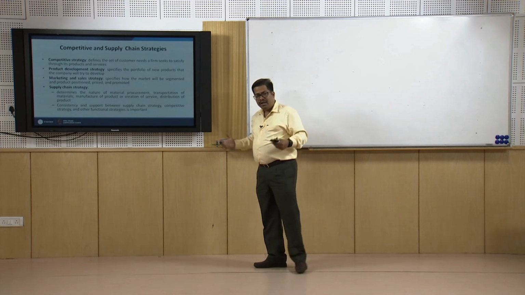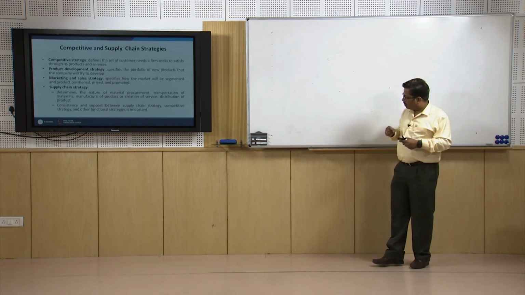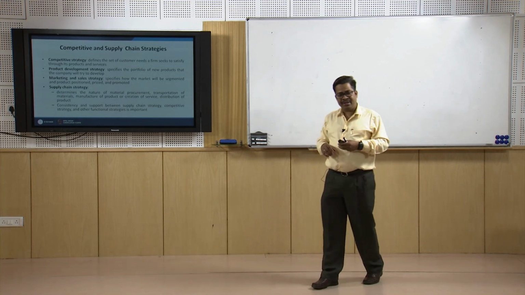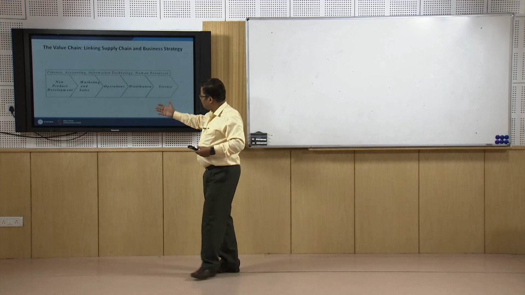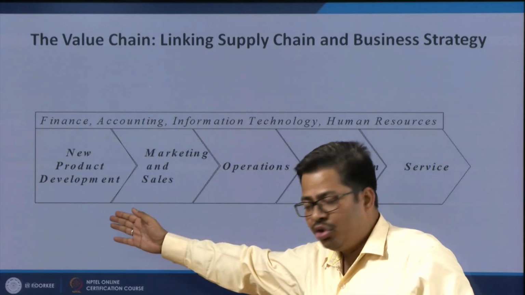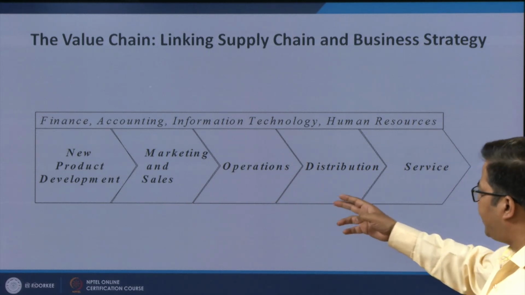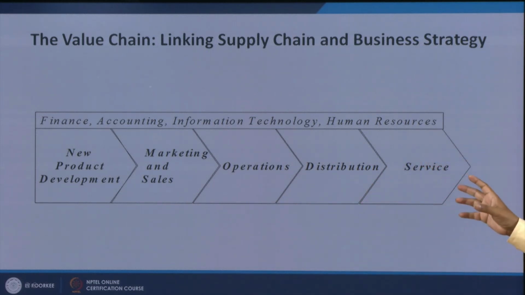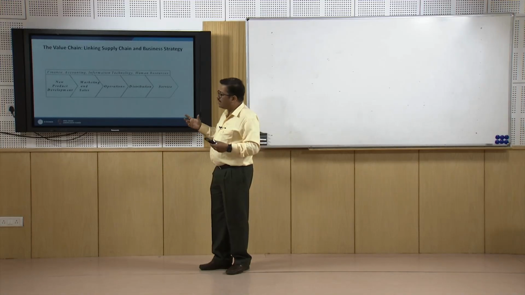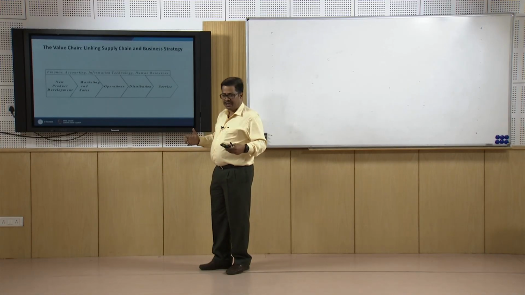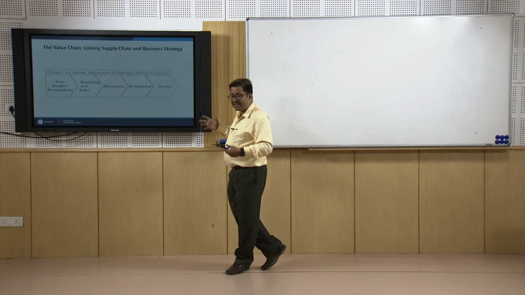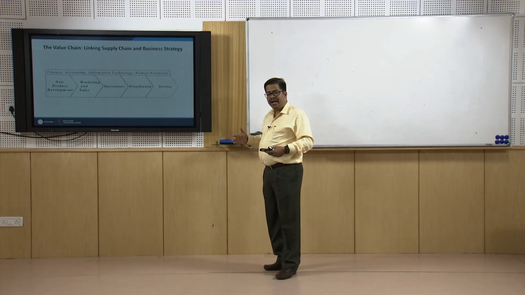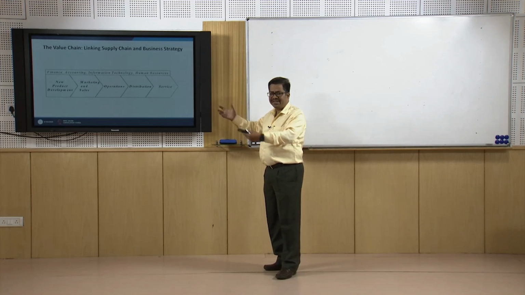We need to have a very strong integration of all functional strategies. Therefore, this value chain represents that right from new product development to marketing, sales, operations, distribution and services, all these functional areas need to be integrated and supportive of each other, and finance, accounting, IT, human resources, etc. need to work as support to these major functional areas.